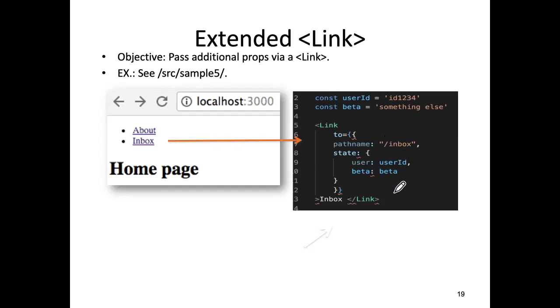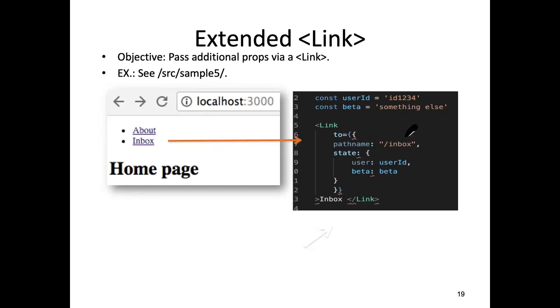And here is how I pass the additional props. Now I've hard coded them here, but presumably they would be computed in a real life situation. So the stats object has a set of key value pairs. And these key value pairs are now going to be props that will be made available to whatever component is mounted as a result of the browser's URL changing to this.